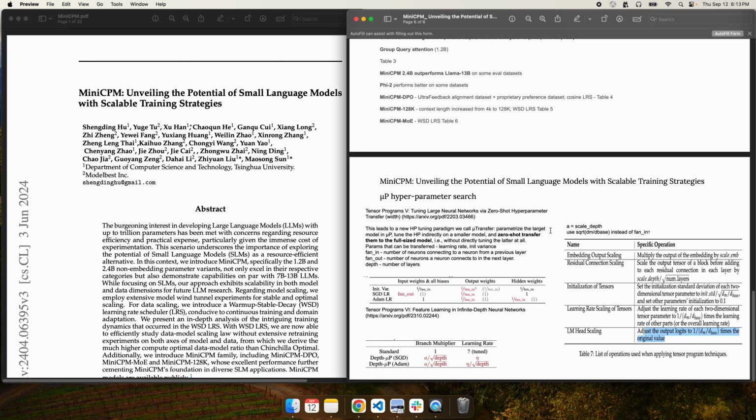Basically, they fine tune a model at a smaller scale and then perform almost like a zero shot transfer to a bigger scale without directly tuning the hyperparameters of a bigger model at all. And this MUP transfer is illustrated in the paper.